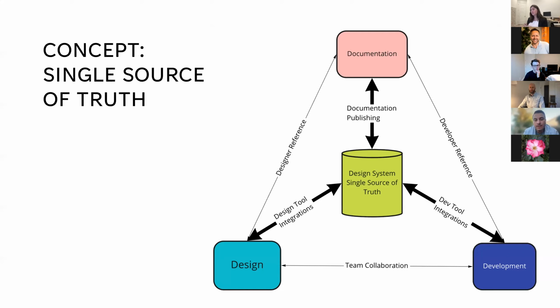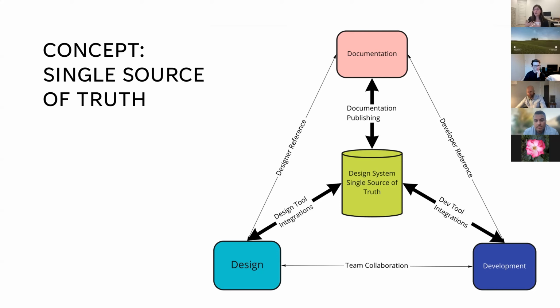This is what I came up with when I was trying to explain the single source of truth concept to my team a couple months ago. This is a pretty new diagram. There are three main points I've been talking about: design, development, and documentation. They make up the points of the triangle, and they all reference that single source of truth. This looks a little different if you're not using design tokens. This diagram assumes you're using design tokens, so that's how you get from the green center out to every corner.